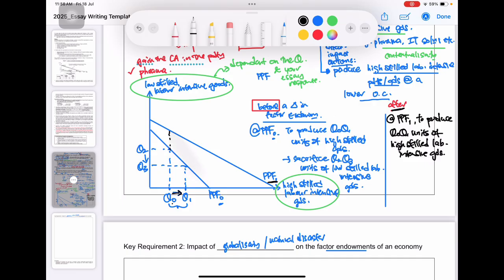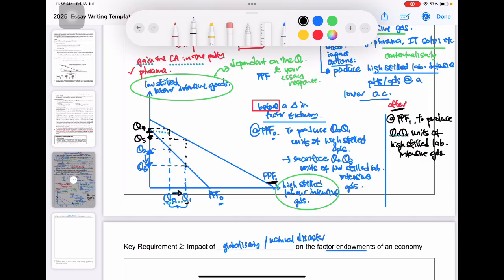Let us look at the opportunity cost incurred. At Q0 on the new PPF, this is actually Q4. And similarly, at the Q1 unit of high skilled labor intensive product, this will then be Q5. So over here, I just want to show the assessor that this is actually smaller than this.